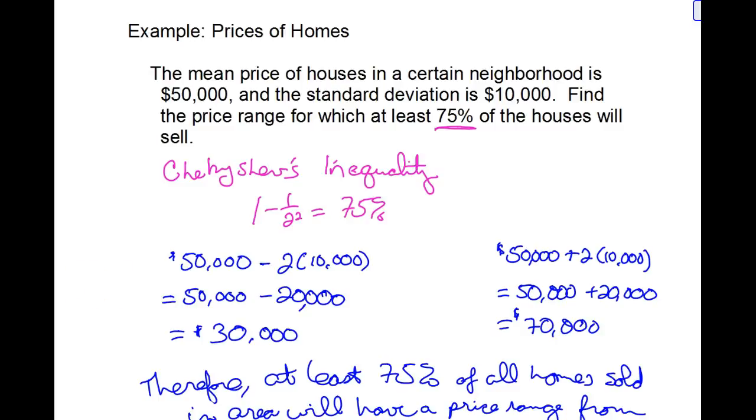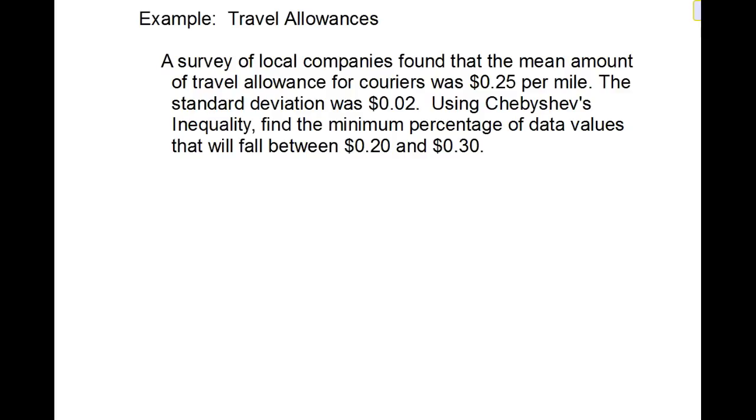Let's look at another example. In this next example, we're going to be talking about travel allowances. A survey of local companies found that the mean amount of travel allowance for couriers is 25 cents per mile. The standard deviation is 2 cents per mile.